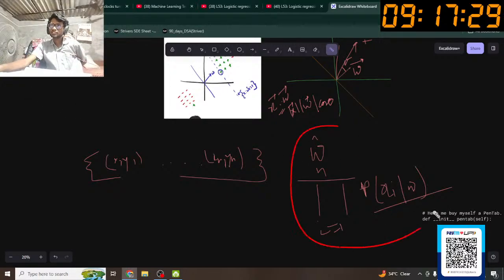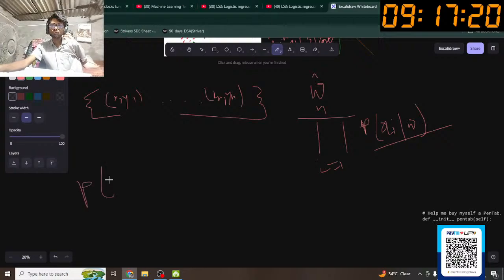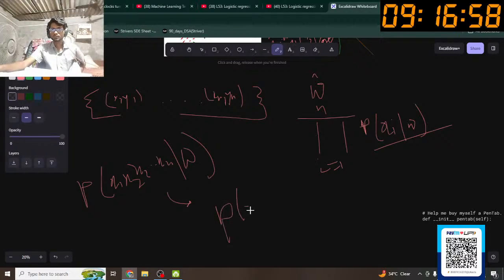So this is the probability of finding x1, x2, x3, up to xn given w, and the independence assumption leads to the probability of x1 given w times the probability of x2 given w, and so on.